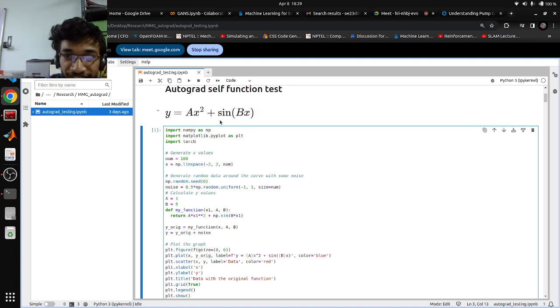So let's say you wanted to apply gradient descent to this thing, you would need to find the gradient of this right hand side with respect to A and B, right?